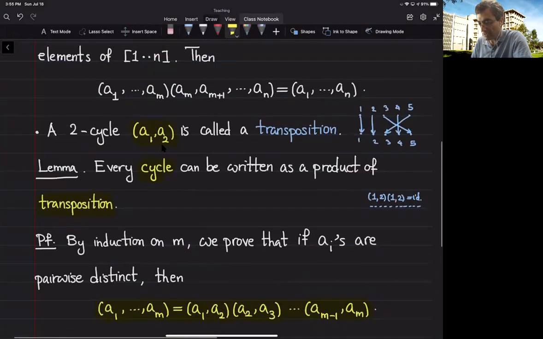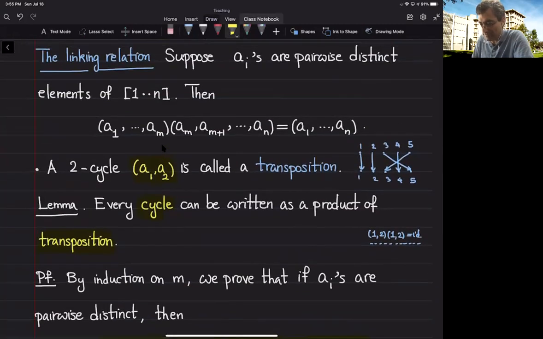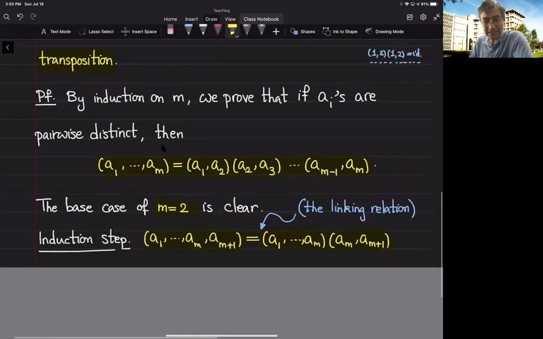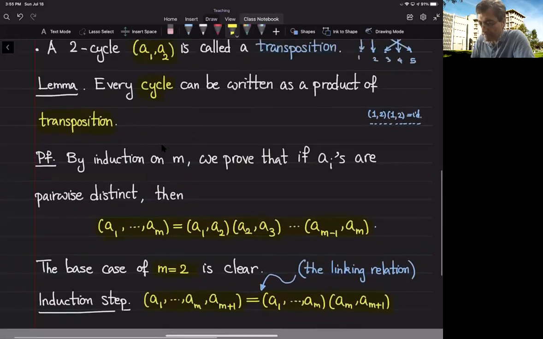If you remember, the linking connection is exactly this, that I can connect an m cycle by another cycle that starts with the same value and have nothing in common. If all the a sub i's are distinct, then I get this equality. I can link them. Now I'm using that equality over here.